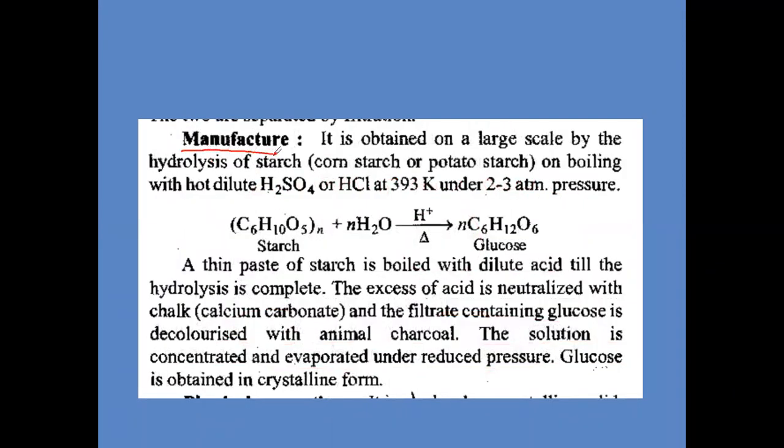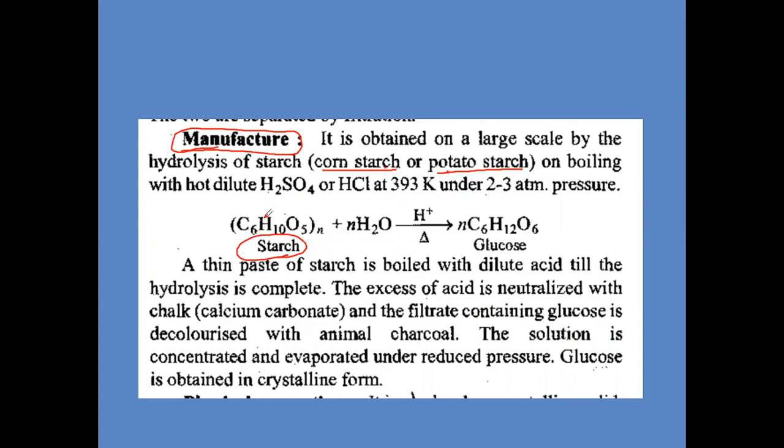So it's about important areas of carbohydrates. And next one, manufacturing, means preparation of glucose on large scale. On large scale, glucose can be prepared from starch. The starch can be obtained from corn starch, potato starch. In some areas, sugar cane will be taken. What is the starch formula?